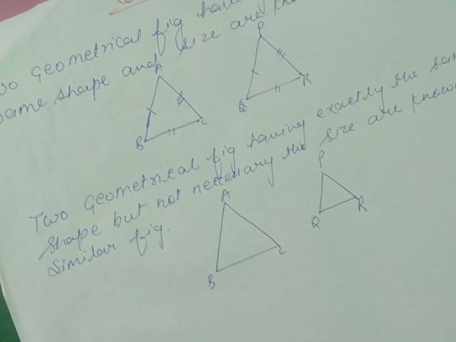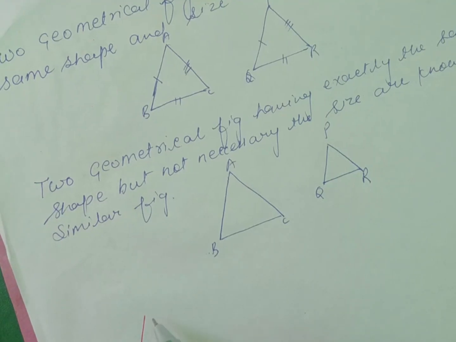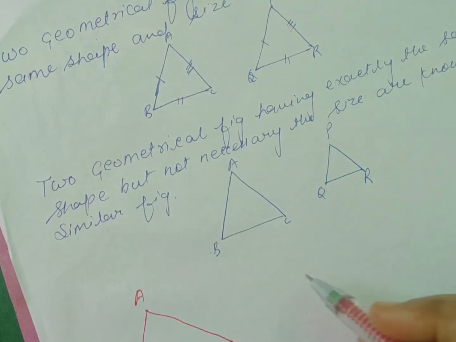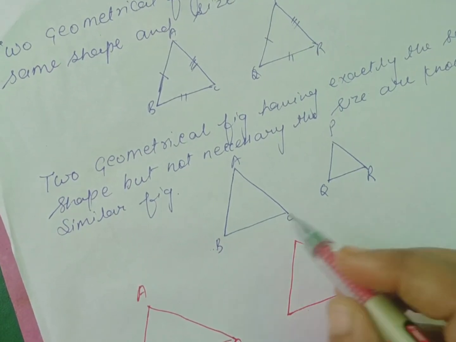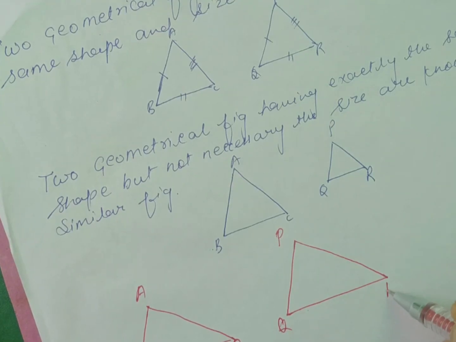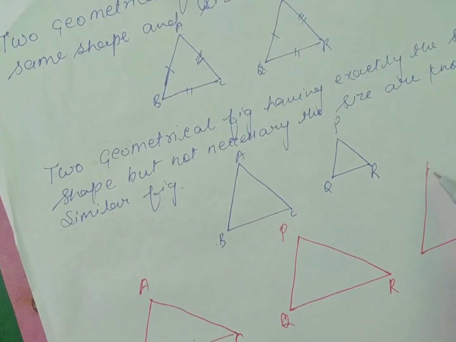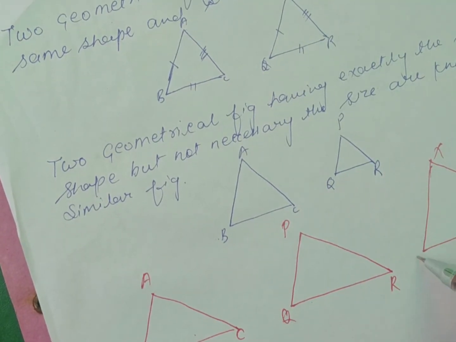Now let me take an example. If you compare these triangles which I am going to make, first one is triangle A, B, C, and again P, Q, R, and sorry, this is X, Y, and Z, right?